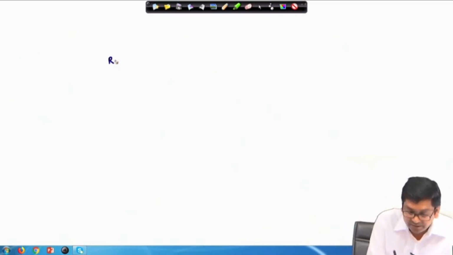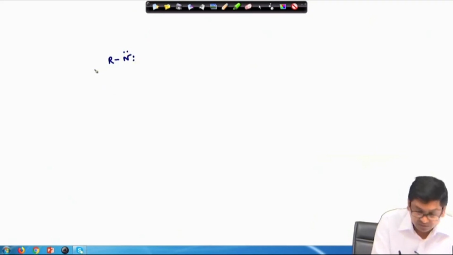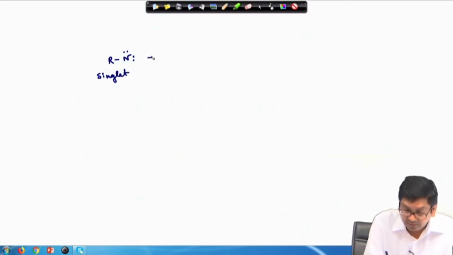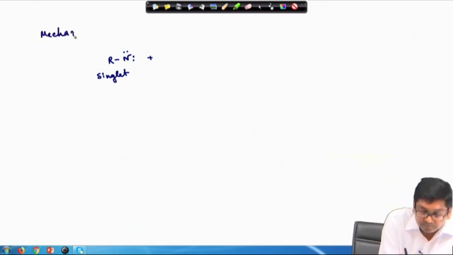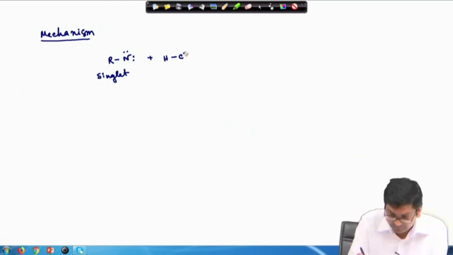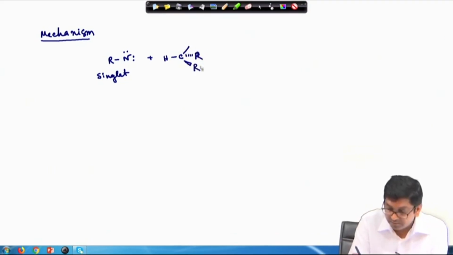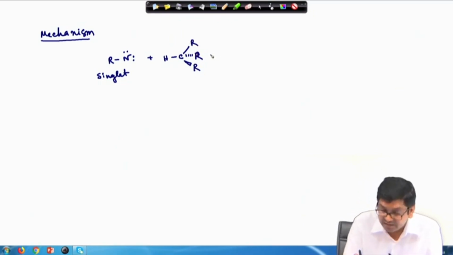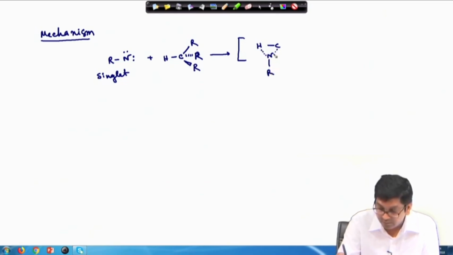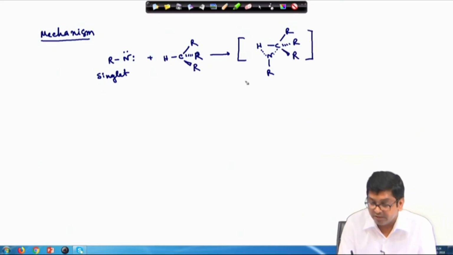As for example, if we take this singlet nitrene, the mechanism we can think in this way, we can put here R. The insertion mechanism will follow through this transition state, through this concerted manner.